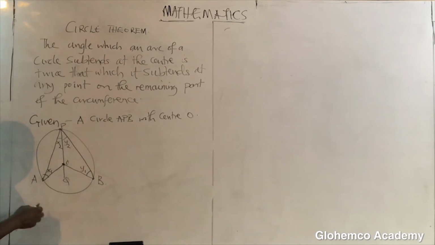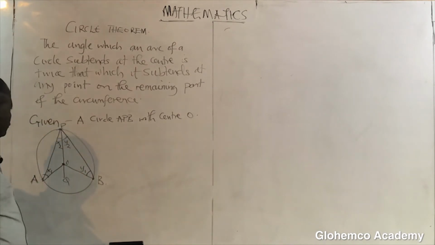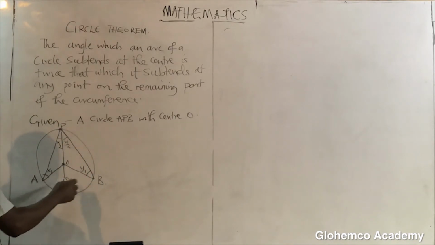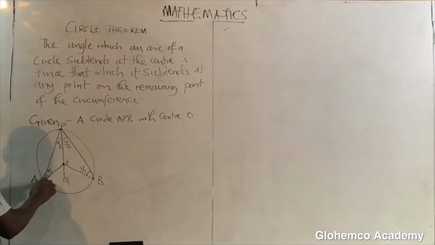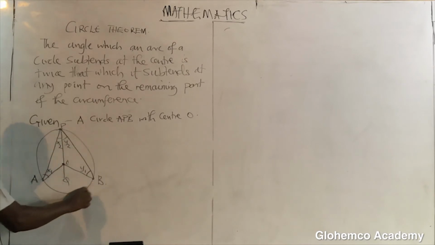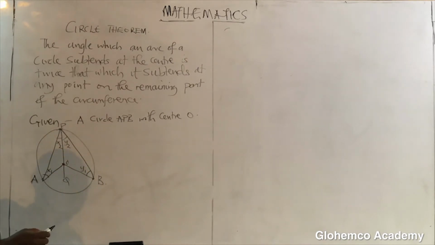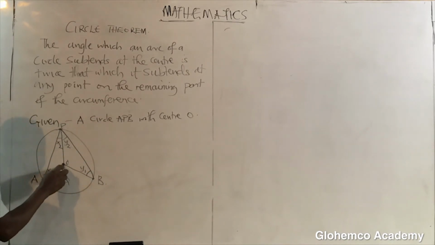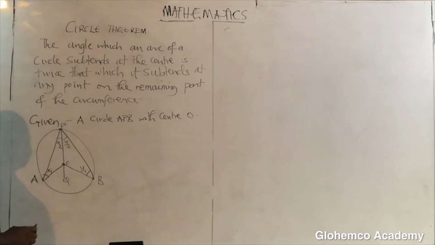We are talking of A, P, B, that is the given circle. The circle runs from A to B and back to A, with center O.